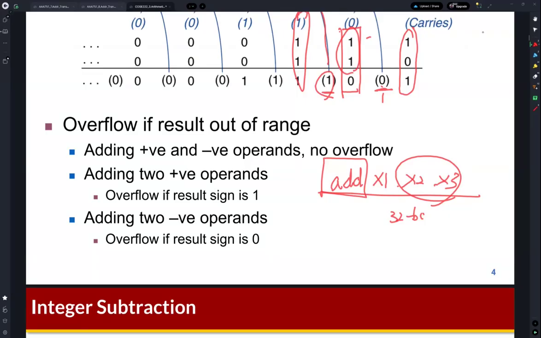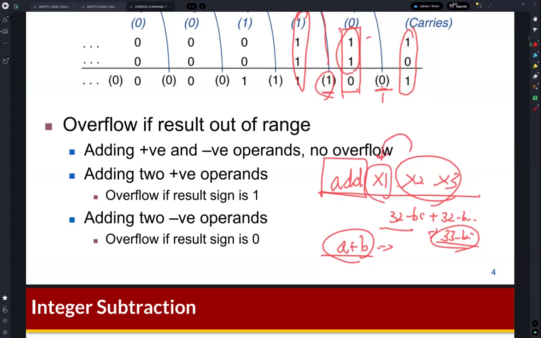So what's the problem? If we add two numbers, overflow can be generated. 32-bit plus 32-bit may generate a 33-bit number. But the result is stored in the destination register, and the size of the destination register is also 32-bit, so we cannot store 33 bits.